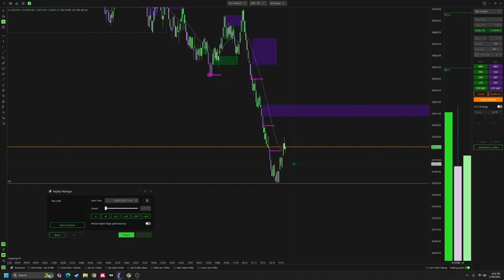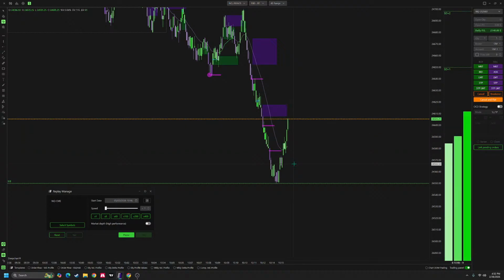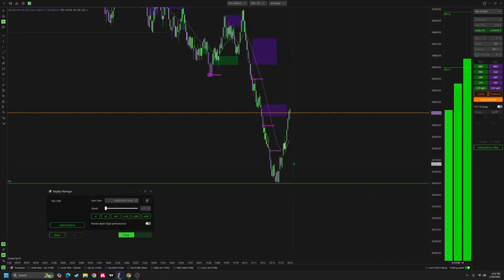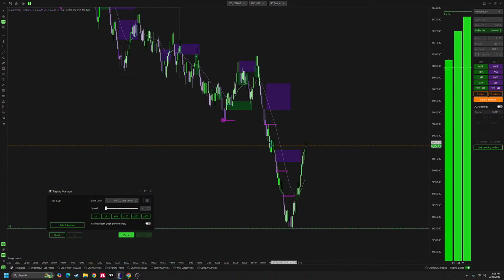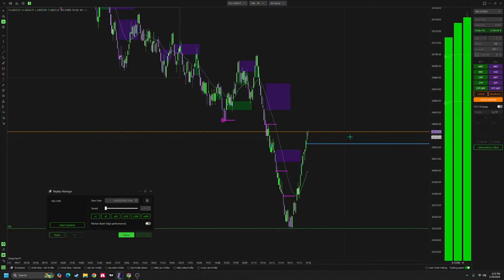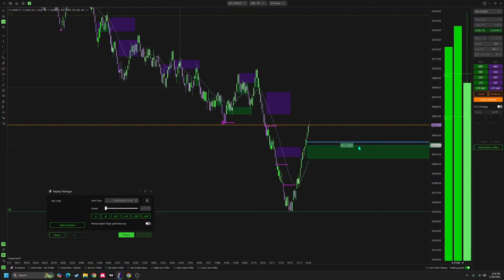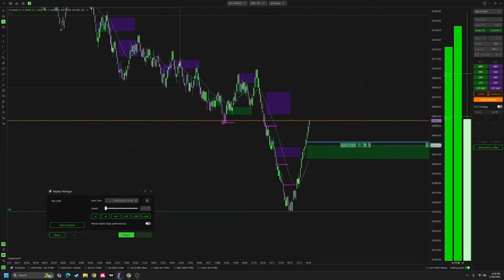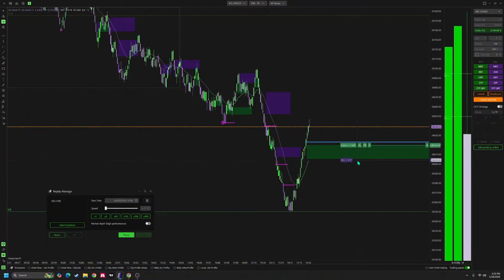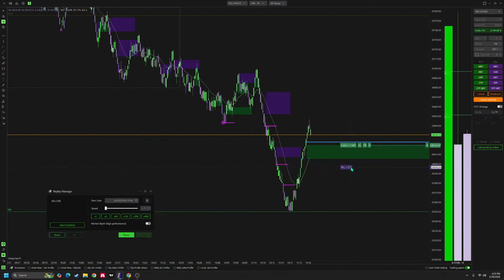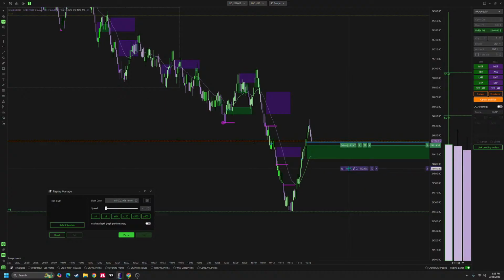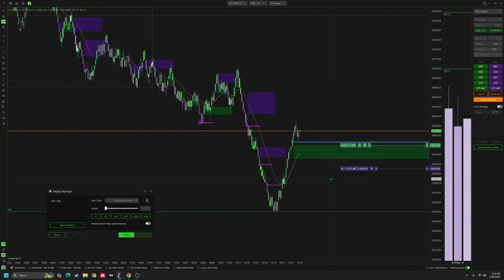Not trying to snipe the bottom exactly. Want to make sure we're all right. Need to get above where these buyers got absorbed before. And there we go. There's our zone. So here's our opportunity. Stop loss behind the zone and the candle below these aggressive buyers who stepped in.